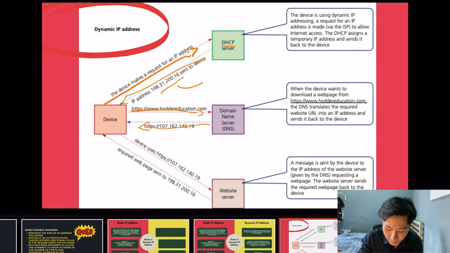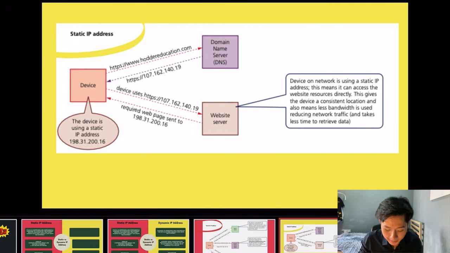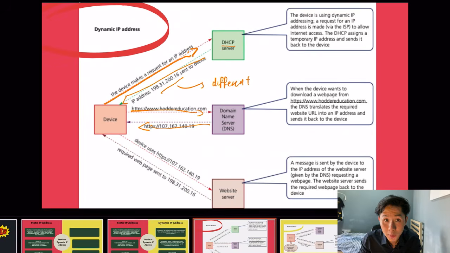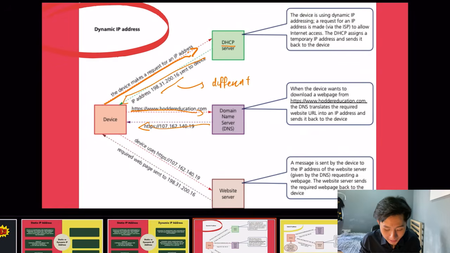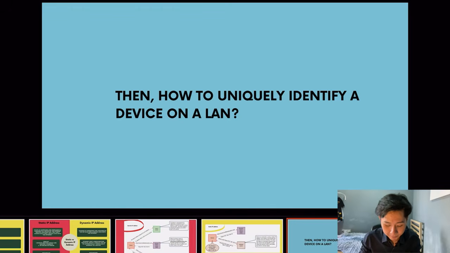Do note that this IP address will be different for dynamic IP address each time the user logs into the internet. And as for the static IP address, it just doesn't do the first step because the device already has a fixed IP address. So that's the difference between dynamic and static IP address.